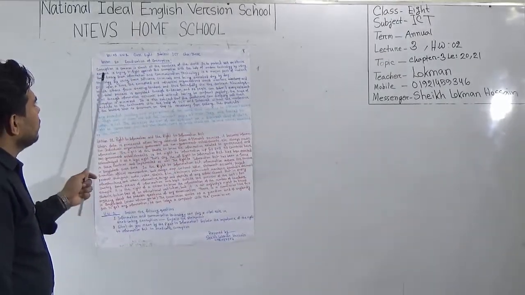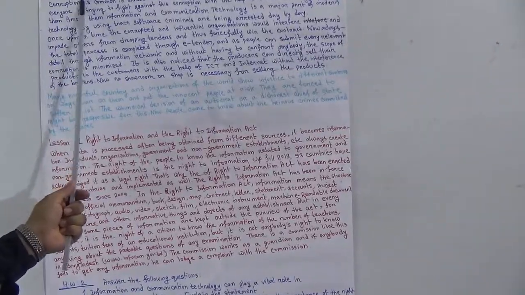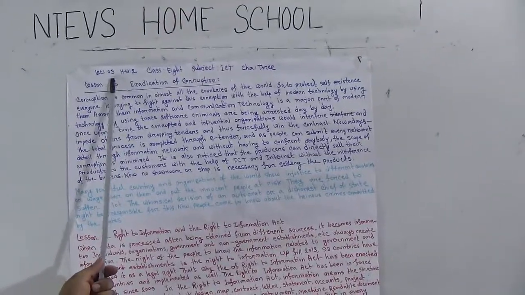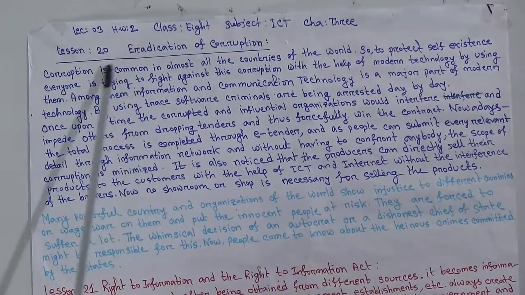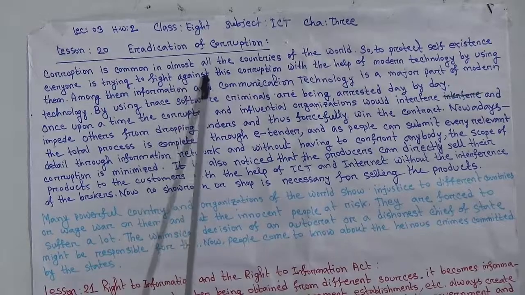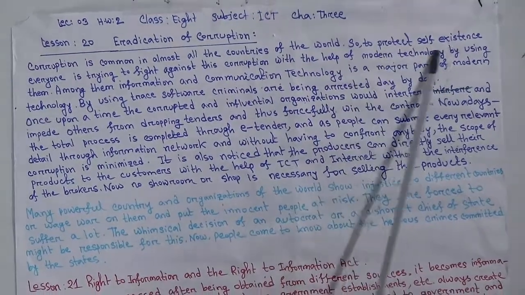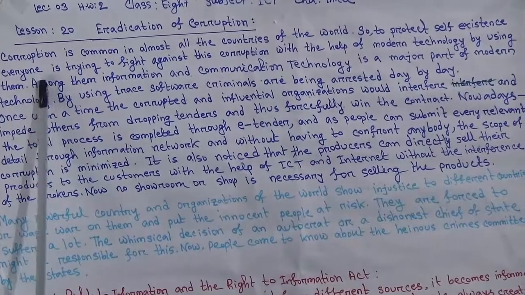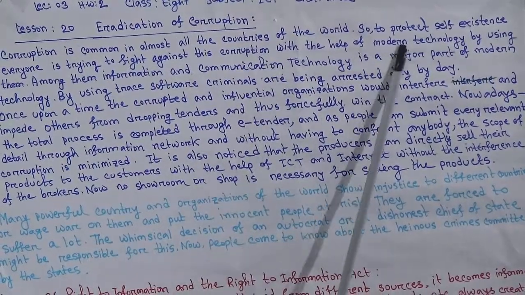Eradication of corruption, lesson 20. This is my lecture 3, and at the end of today's discussion, I will provide you an assignment, which should be number SW2. Corruption is common in almost all the countries of the world. So to protect self-existence, everyone is trying to fight against this corruption with the help of modern technology.